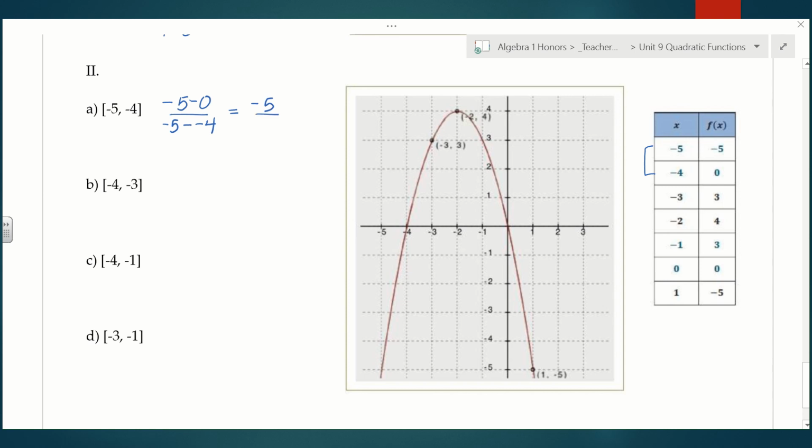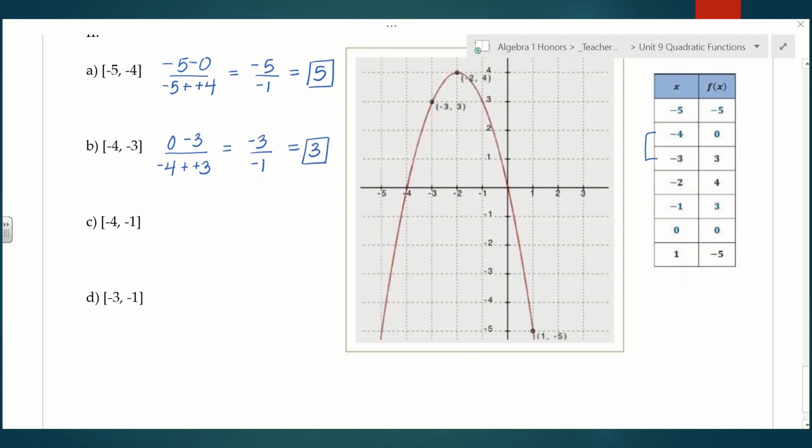This gives me negative 5 over negative 1, which is positive 5. We do it again for negative 4 to negative 3. This gives me negative 3 over negative 1, which is positive 3.